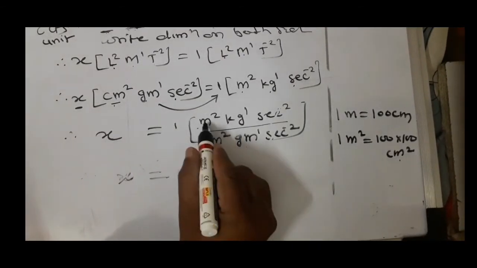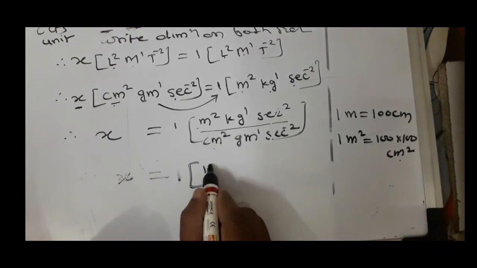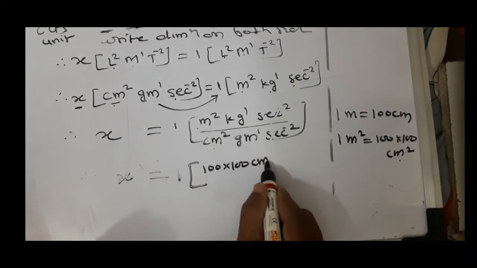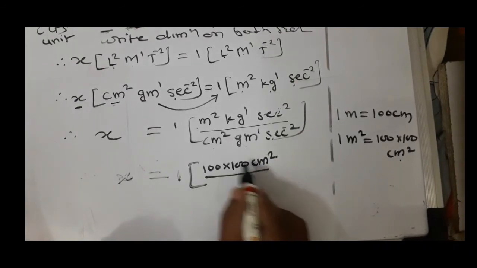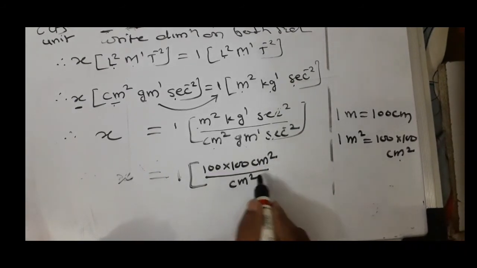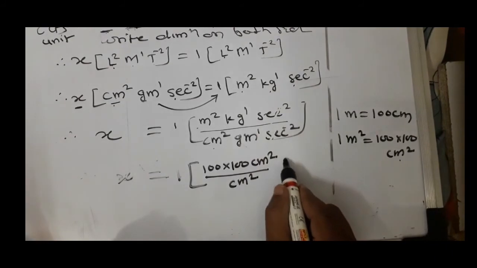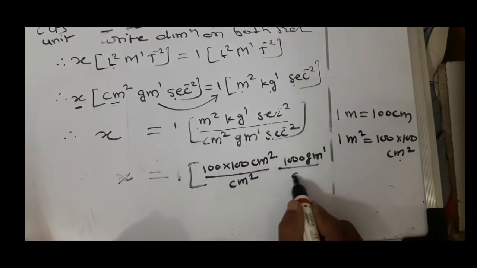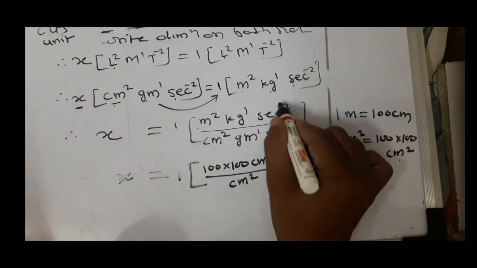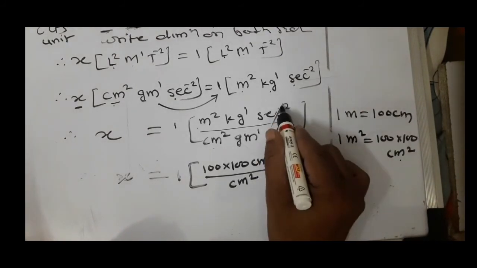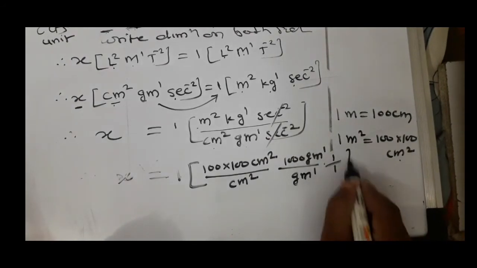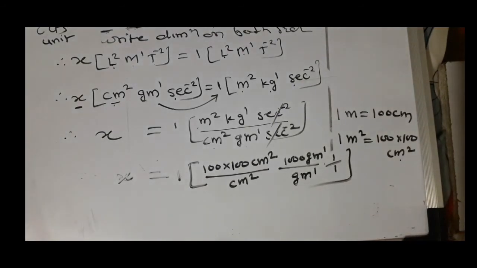So we convert this meter into centimeter: 100 into 100 centimeter square upon centimeter square. Then kilogram, 1000 gram raised to 1 upon gram raised to 1, and the second raised to minus 2 gets cancelled. Therefore, it is into 1 upon 1.